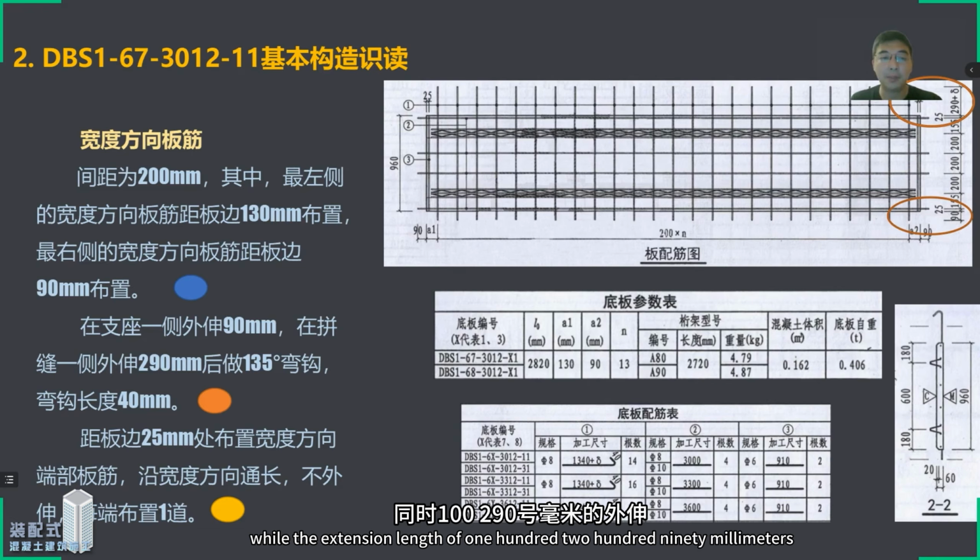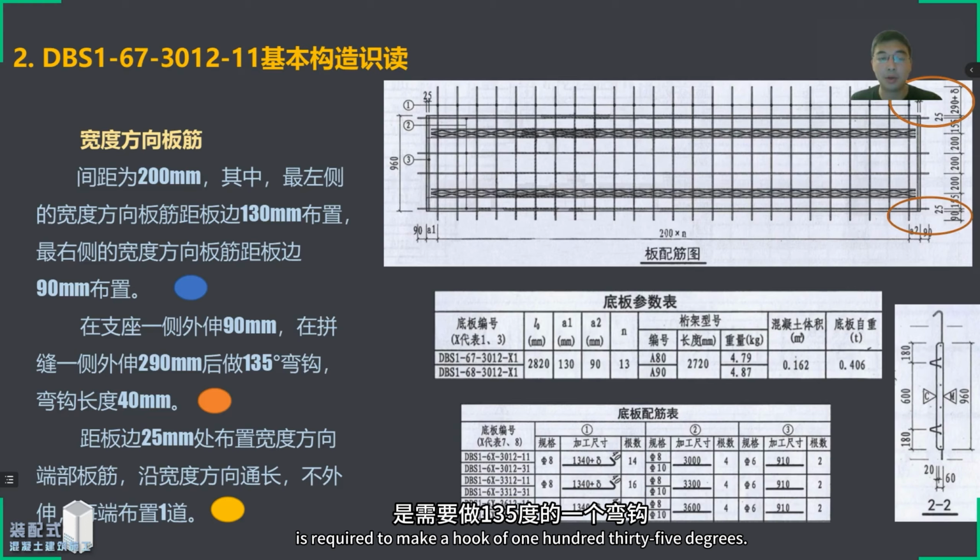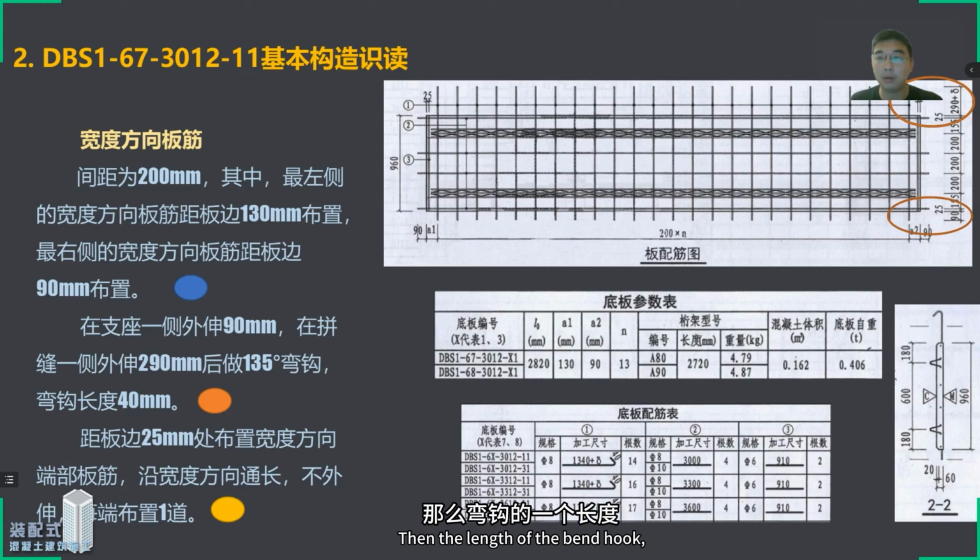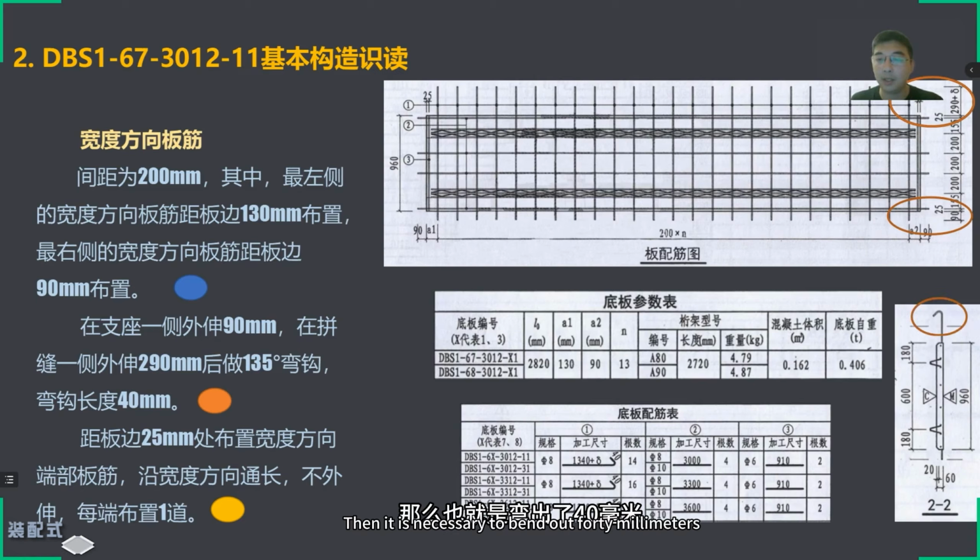The extension length of 290 mm is required to make a hook of 135 degrees. Then the length of the bend hook, according to our requirements, is 5 times the D. Then it is necessary to bend out 40 mm.